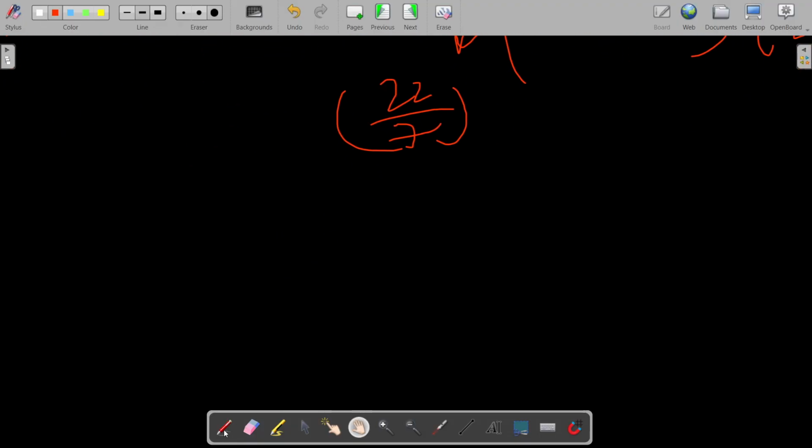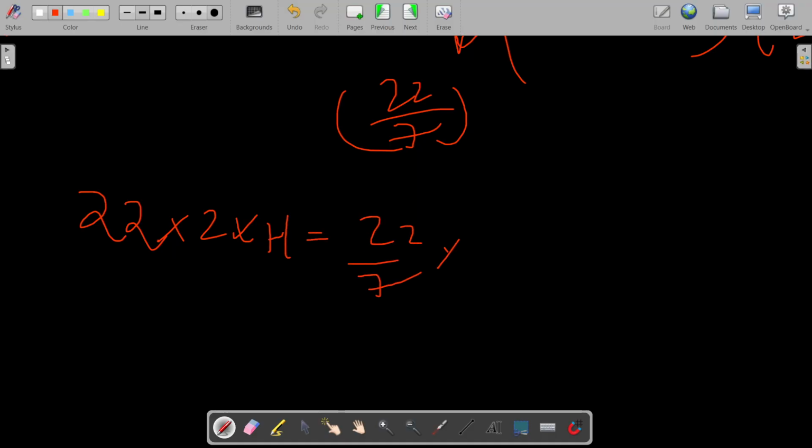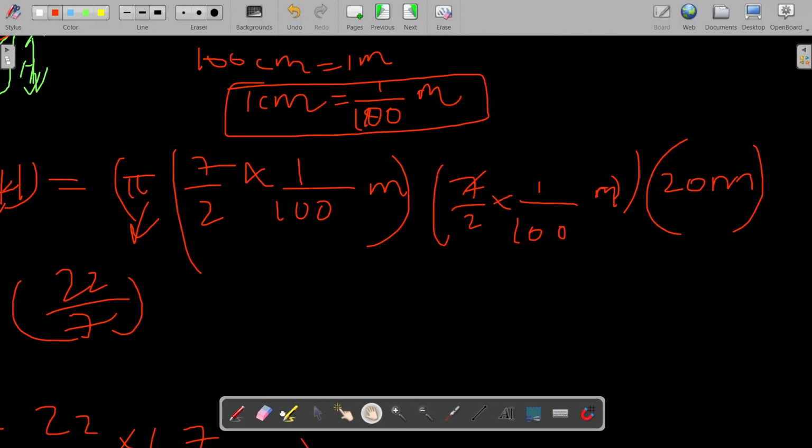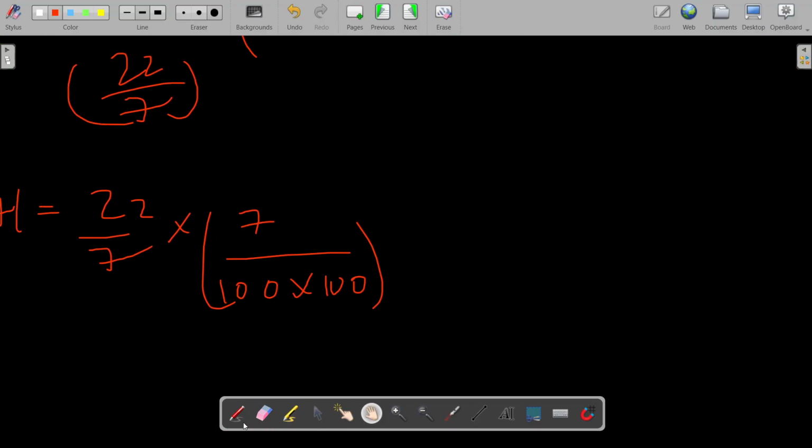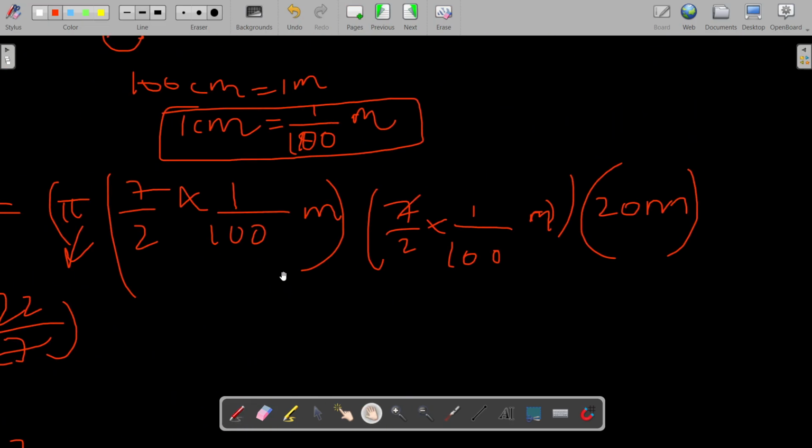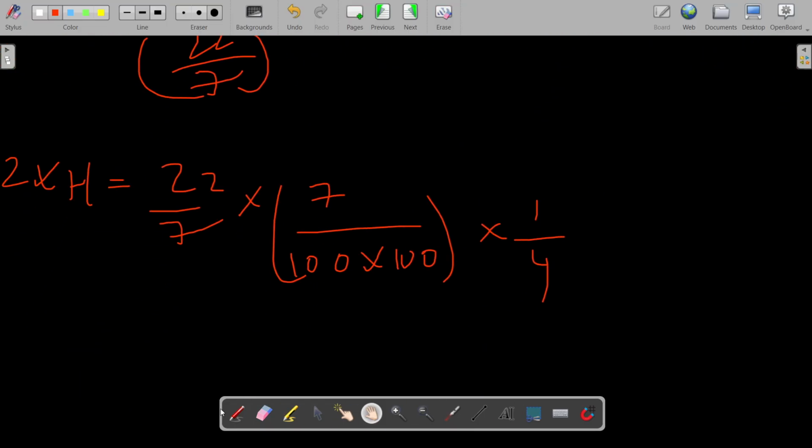Let me write it here clearly. 22 into 2 into h is equal to 22 over 7 into 7 over 100 into 100, and this thing right here is 7 into 1 by 4. The 2s multiply and become 1 by 4, and we have 20 also up here.